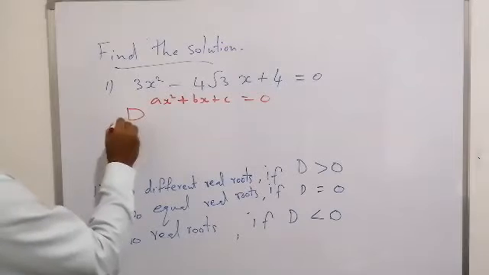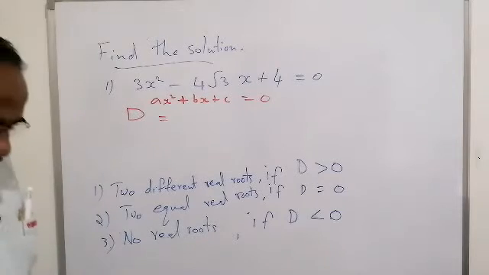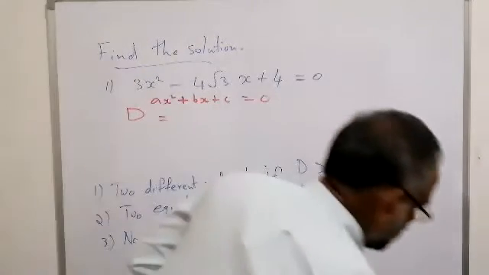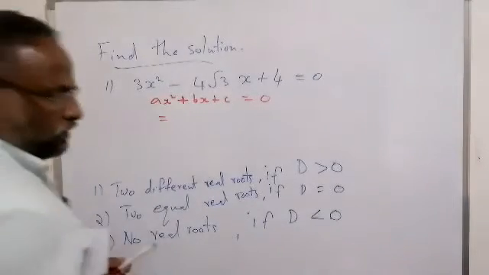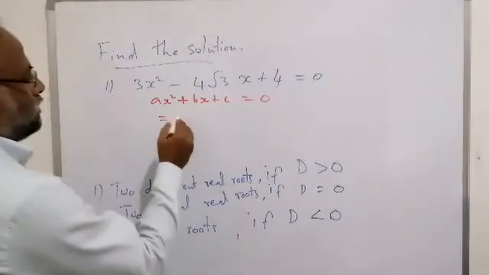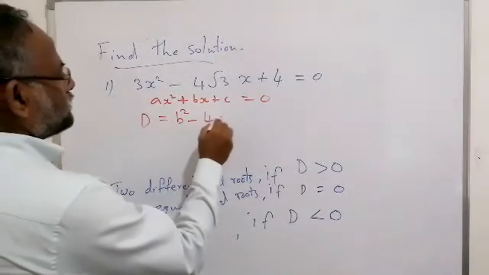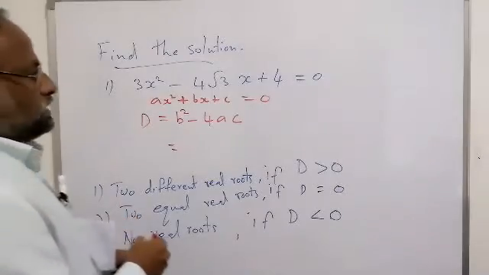Then after that, discriminant D is equal to b² − 4ac. All of you find the discriminant. Don't wait for me. Tell me, what is D?